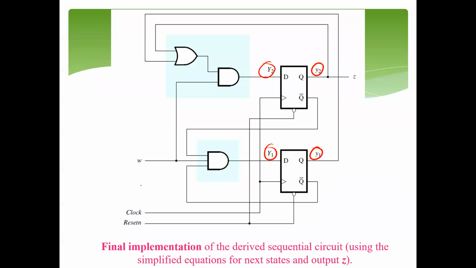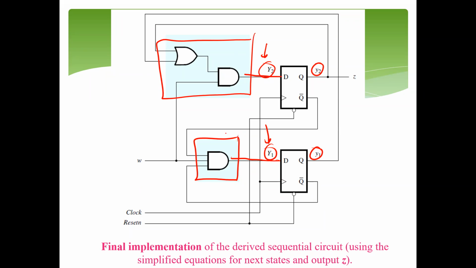If you go back to this diagram, you see that capital Y is the next state variable. And all the next states have some combinational logic associated with them. So the purpose of this block is to write these values.